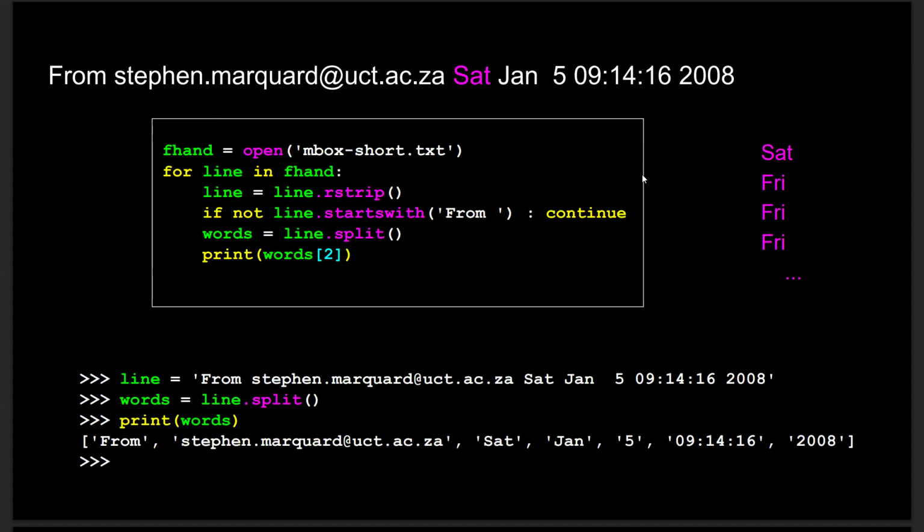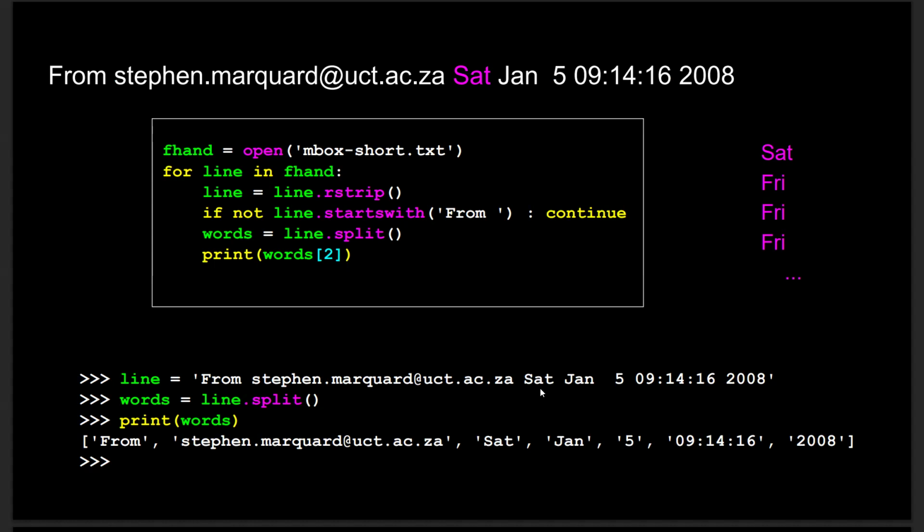So next, see here. Here I am using this line, From stephen.marquard@uct.ac.za, and I am splitting this string. Whenever I split it, From is treated as only one piece, and stephen.marquard@uct.ac.za is treated as one.